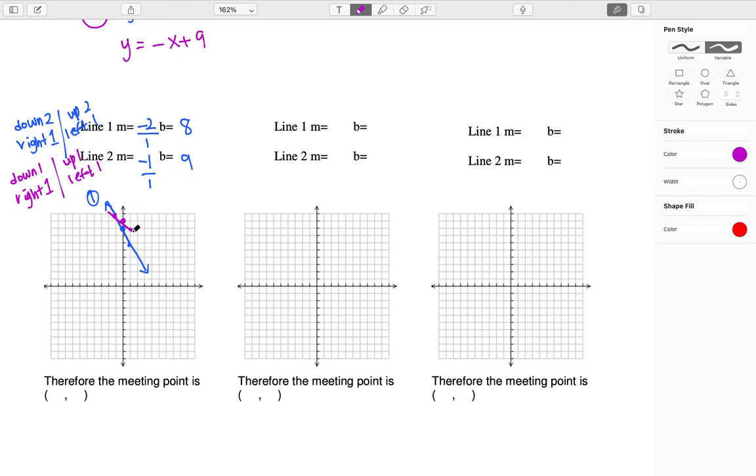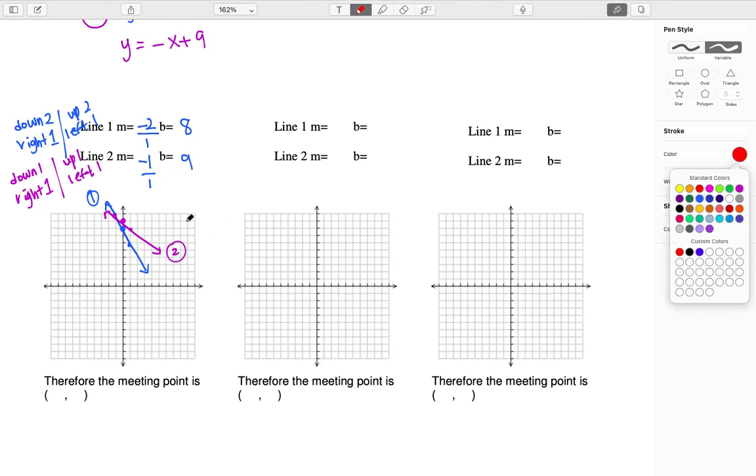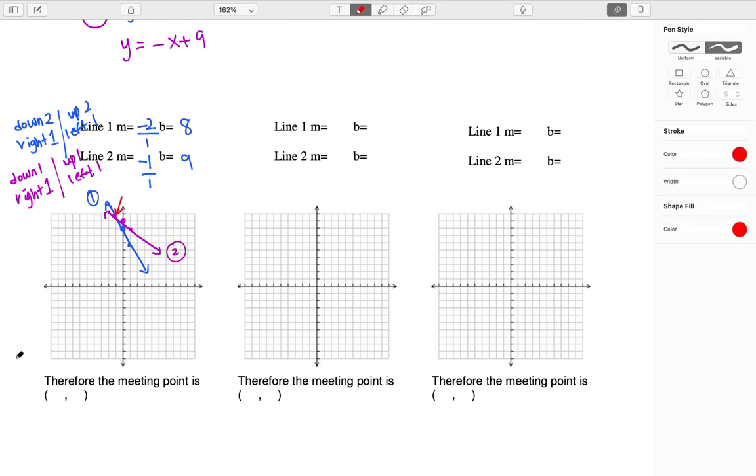And this is my equation 2. So it looks like they are meeting over here. So their point of intersection, in this case, is at negative 1, 10. That's where they are meeting, the point of intersection.